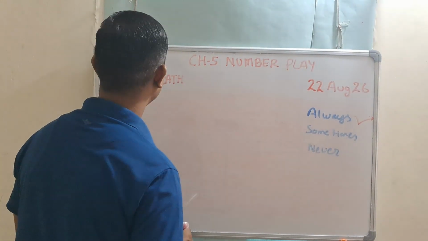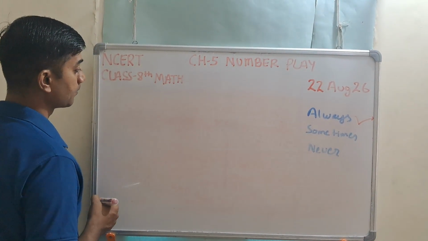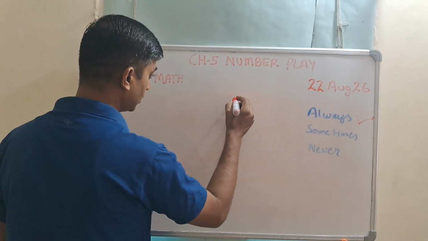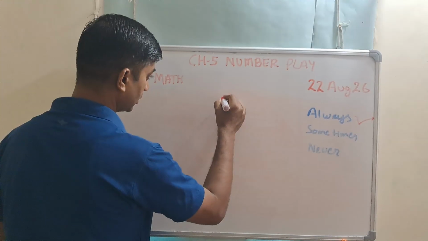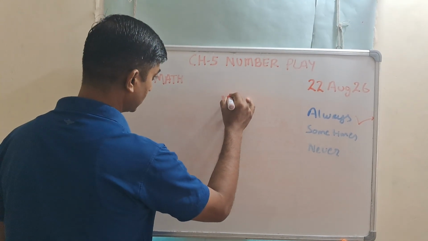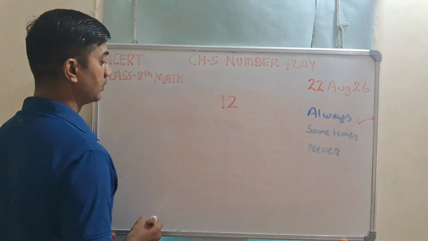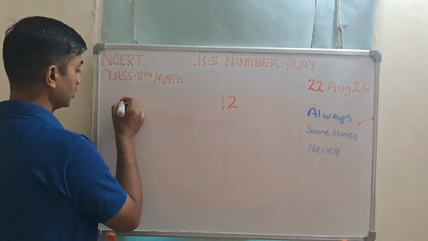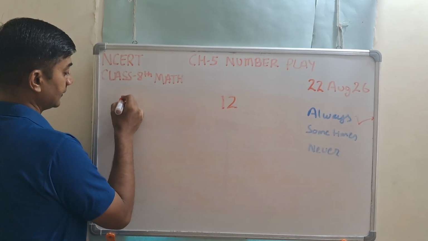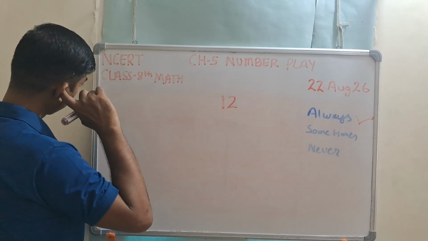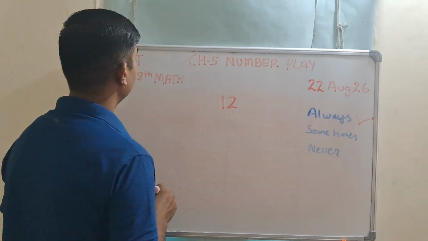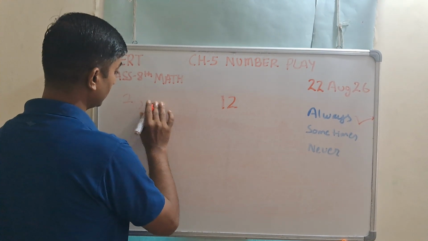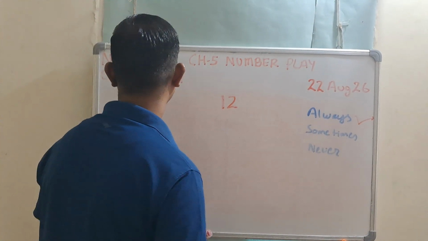We can see that. Now see, we have number 12, understood, and this number is divisible by 2, and this number is divisible by 3, understood.